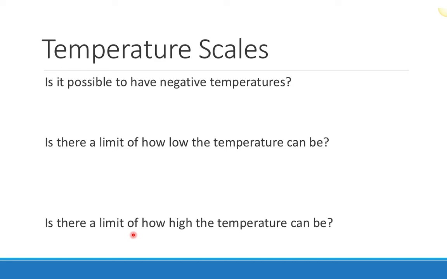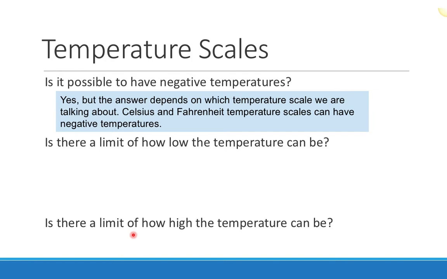So when we think about these temperature scales, is it possible to have negative temperatures? And I think that everybody would answer that question as yes. Certainly we talk about the temperature being below 0 outside, especially in very cool regions. So the answer is yes, but the answer does depend on which temperature scale we're talking about.